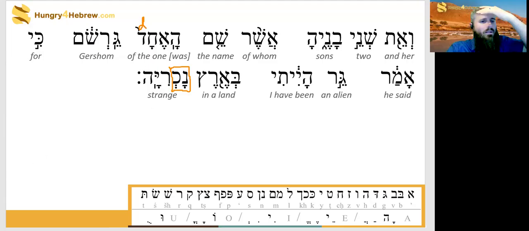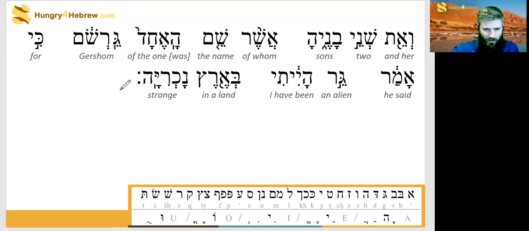I'm sorry, I don't have a fixed answer, but Hebrew often combines nouns and adjectives or uses them interchangeably, like they're both substantives. So I'm not going to dwell on it too much. Ve'et shnei vaneha asher shem ha'echad Gershom ki amar ger hayiti be'eretz nochriya.